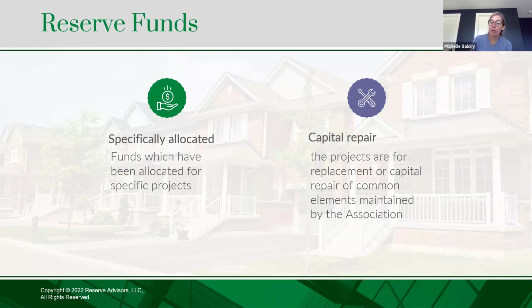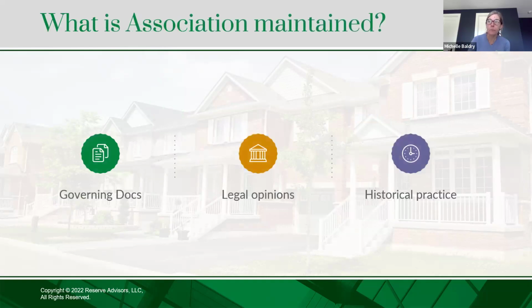But then there would be some capital components as well. These are the long-term bigger projects that, if you had to fund for in any given year, would drastically impact the budget. So the goal is to put funds away periodically every year to stabilize the budget, so you can pull from that reserve account when you need to fund those big ticket projects.